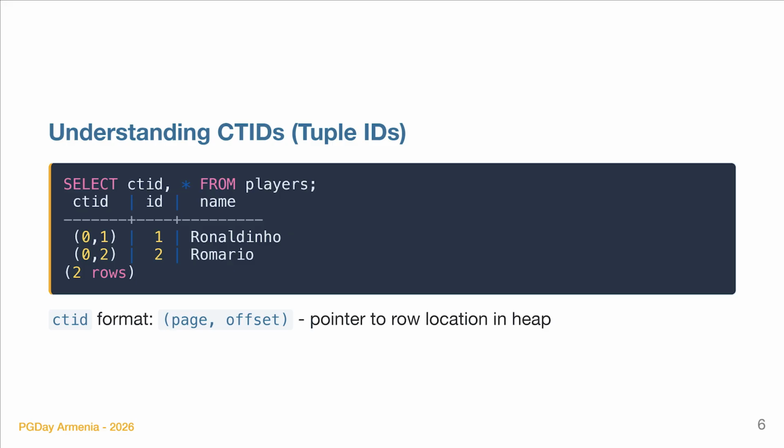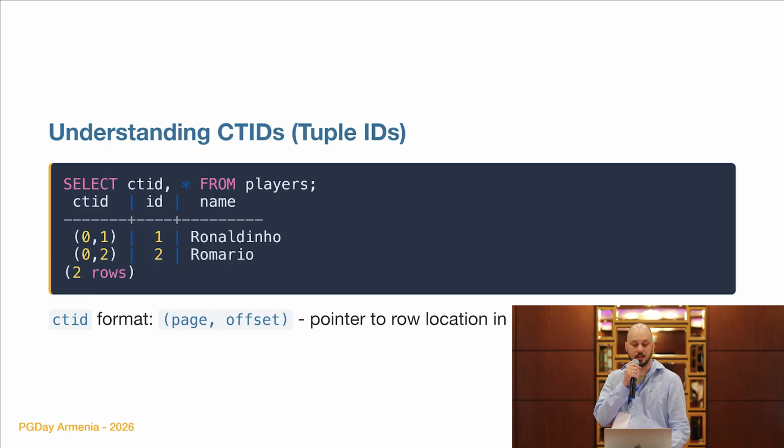So coming back to our example, if we select from the players table and we explicitly add the CTID here, this is an internal Postgres field, but we can actually see what's going on there. If we add it here, we can see the CTIDs. And this is important for our talk because the CTID is the address of the row on the disk.